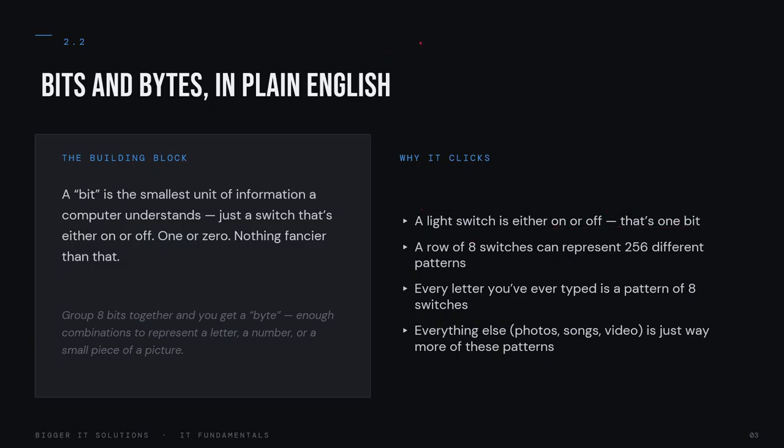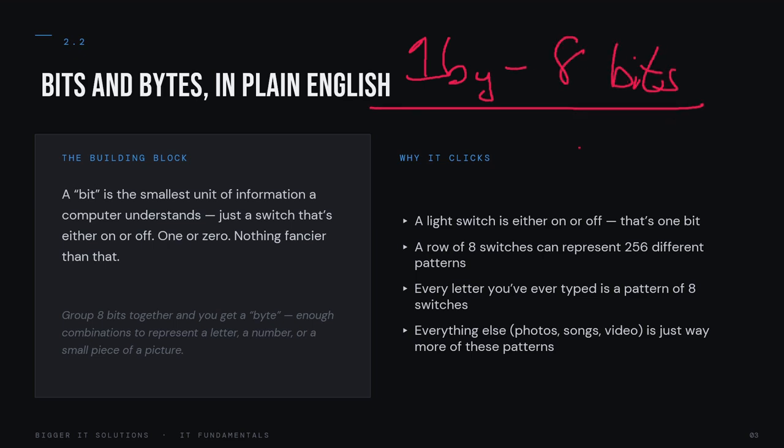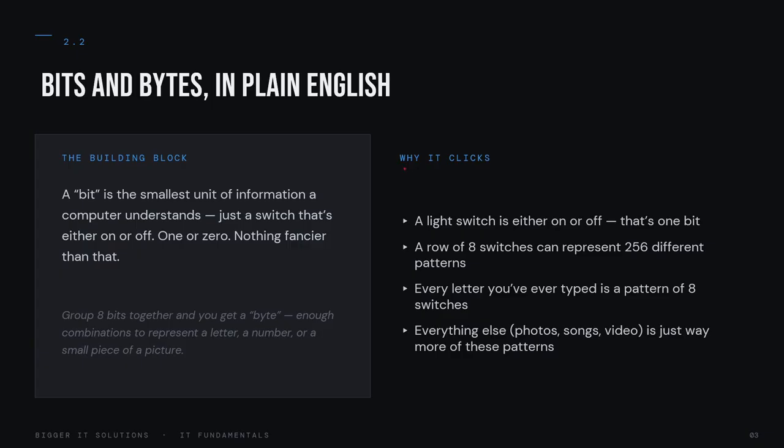And 1 byte, like I said, is 8 bits, 8 little pieces all together. All right, foundational course. 8 bits make up 1 byte. And every byte is a letter, or I should say it the other direction: each letter is represented by a byte, which is, again, 8 bits.